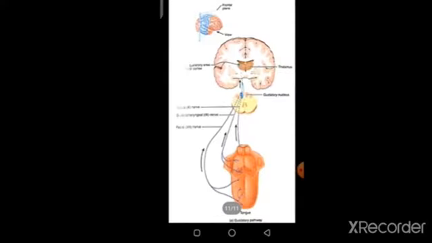From the taste buds, the nerve impulses propagate along these cranial nerves. So three nerves take the sensation of taste from the tongue to the brain: the vagus nerve, the facial nerve, and the glossopharyngeal nerve, to the gustatory nucleus in the medulla oblongata.